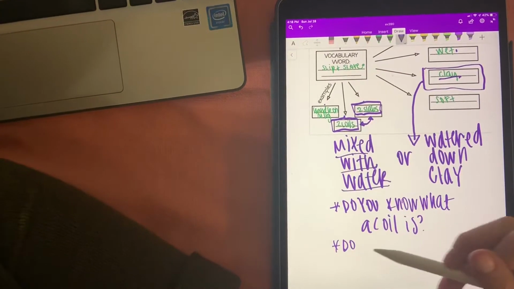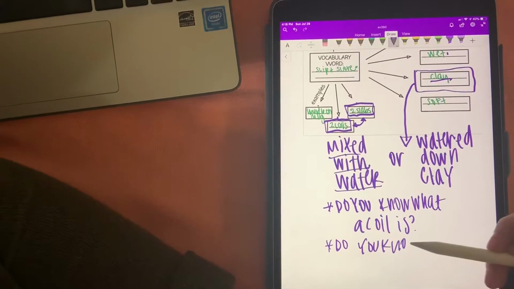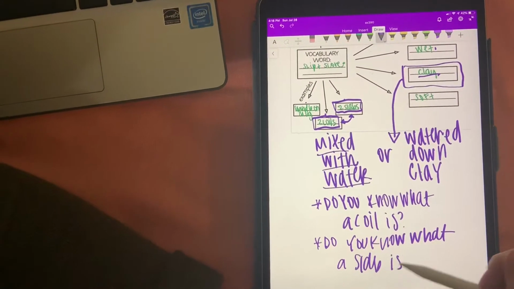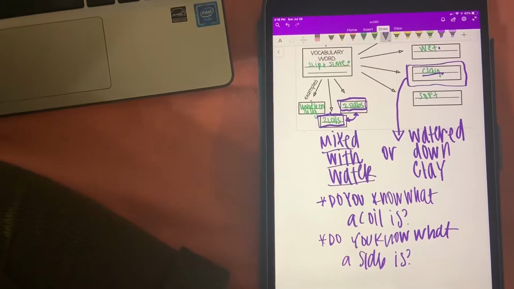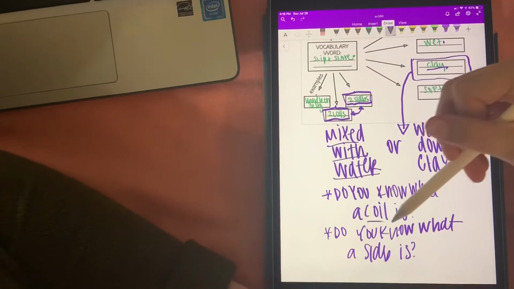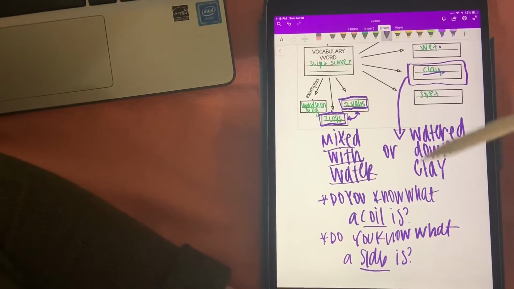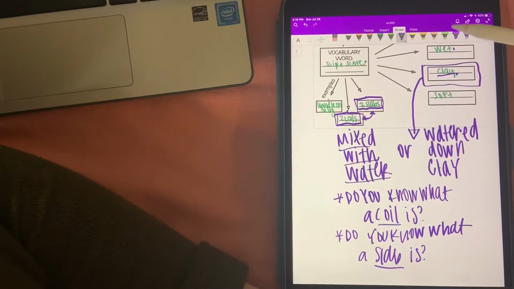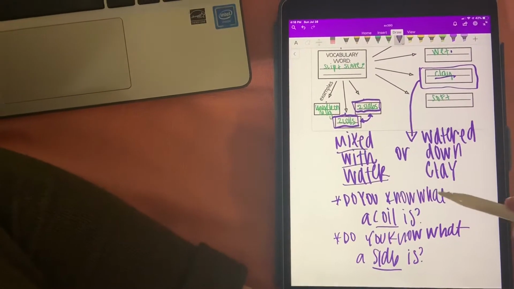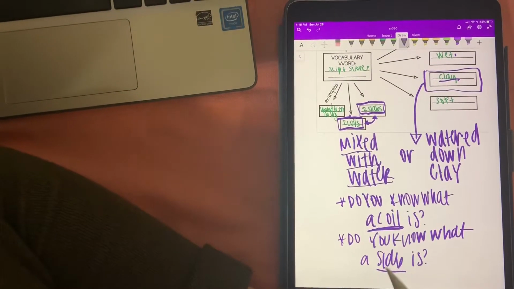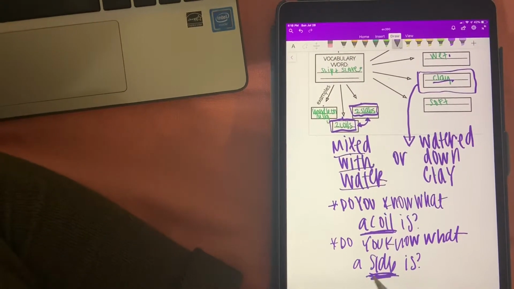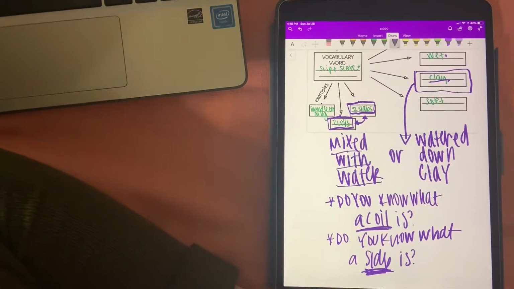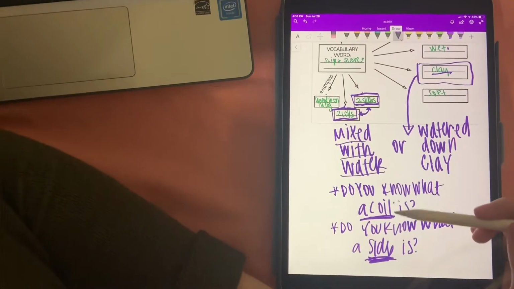And I would say also, do you know what a slab is? I could either bring the student up to me and we can have this discussion and I can ask them if they know what a coil and a slab are. If they don't, I will say, well, can you make me a word map specific to the word coil? Or can you make me a word map specific to the word slab? Open your book and see if you can find out any more detailed information about these two words.